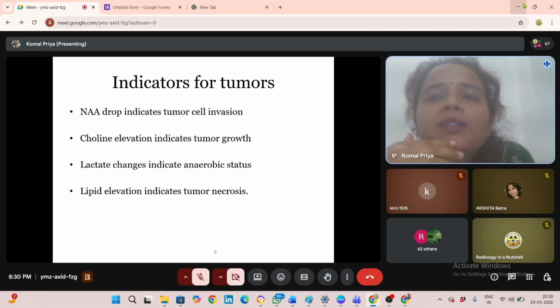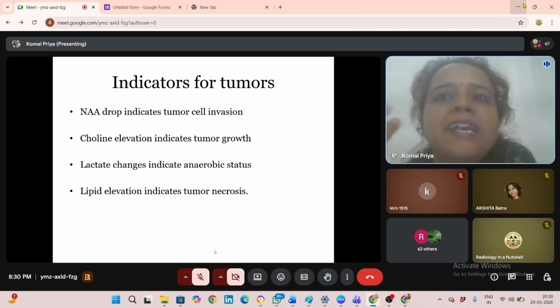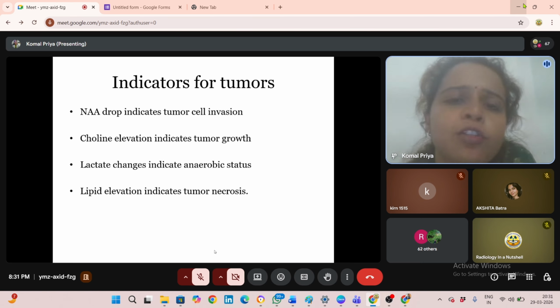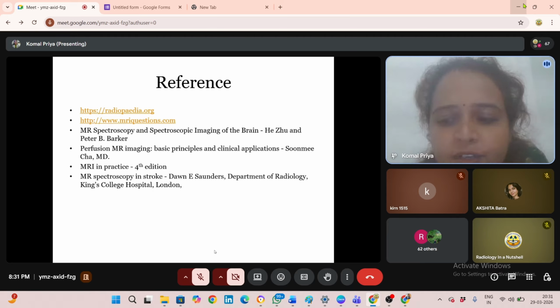So for tumor staging, stroke, or it can also be used for prostate or breast. Whatever diagnosis is there, or if we have to plan any treatment, MR spectroscopy is useful. So that's all in today's session.